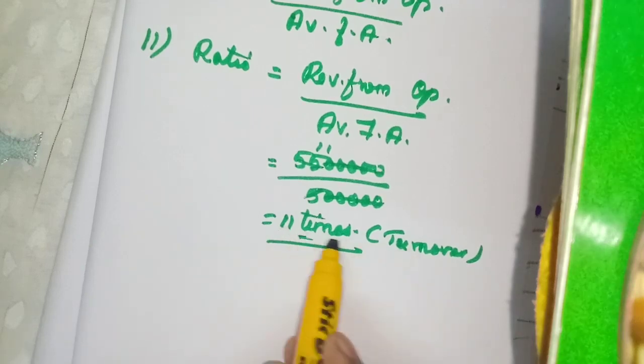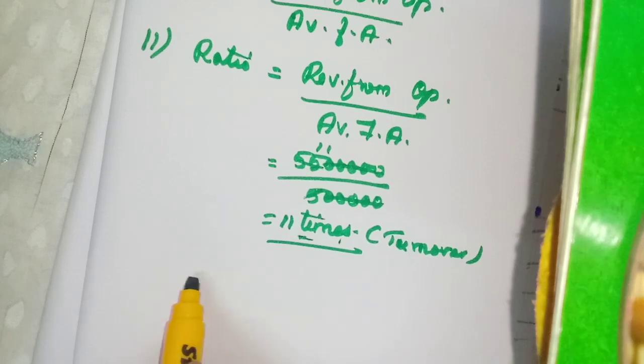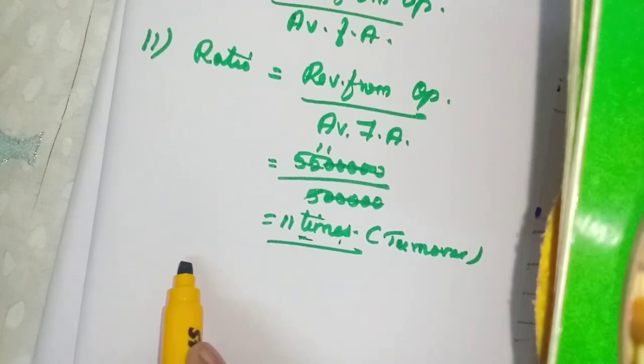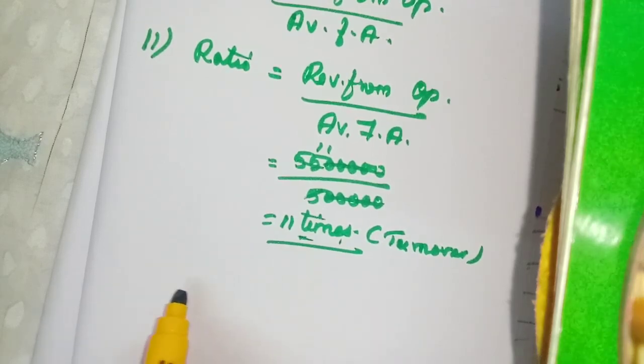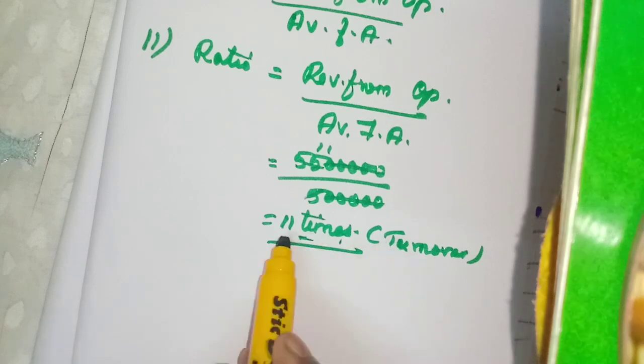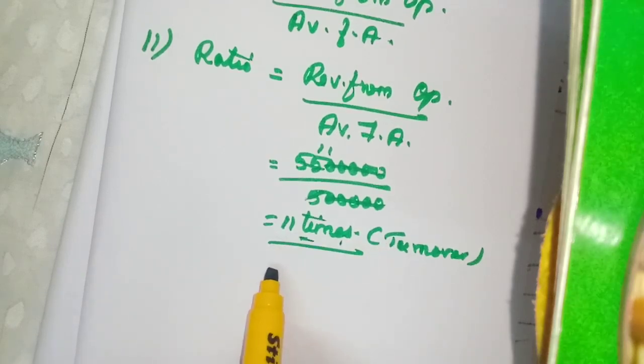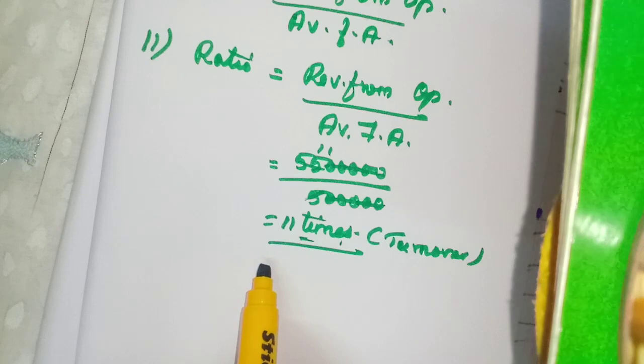Here it is given in times: turnover ratios. Then the next one, profitability ratios, will be in percentage, P. Here T. The other first two we have learned are in proportion. That you have to remember.